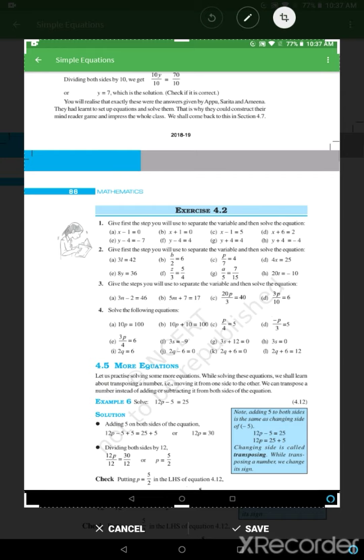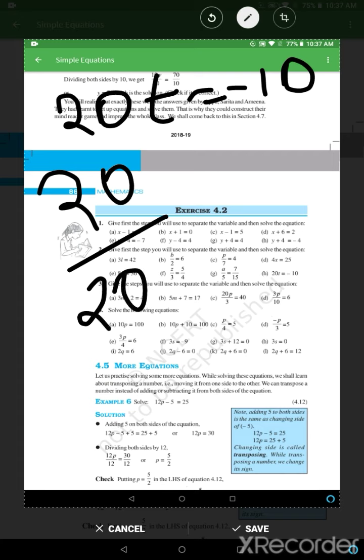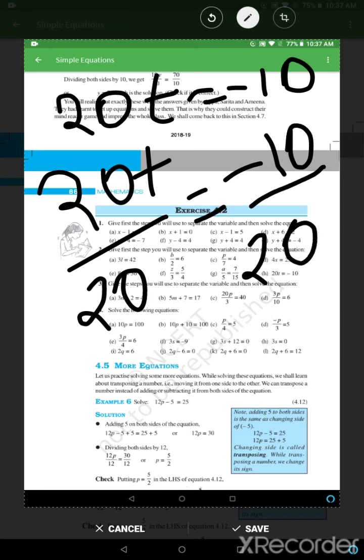Now h, which is 20t is equal to minus 10. Here we will divide it by 20. 20t upon 20 is equal to minus 10 upon 20.